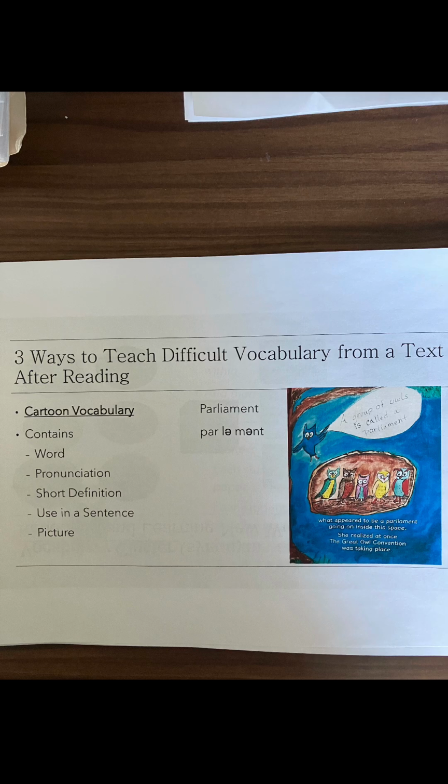A short definition, so on the picture, here I have a picture from within the book, but have the students draw a picture. So they draw what it is, put the word down, put the phonetic spelling, which you're going to have to help them with, a short definition.